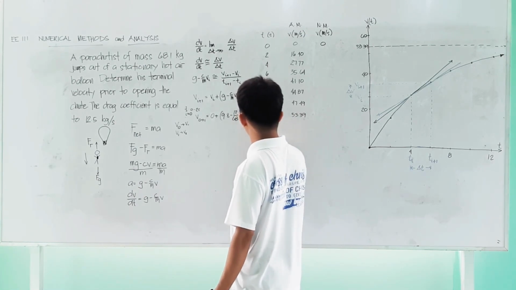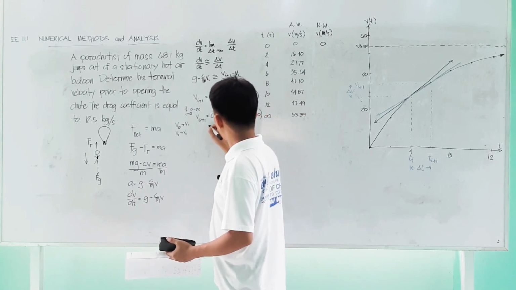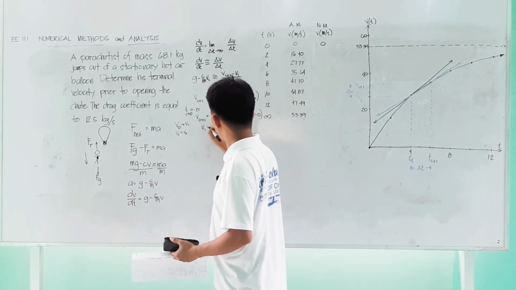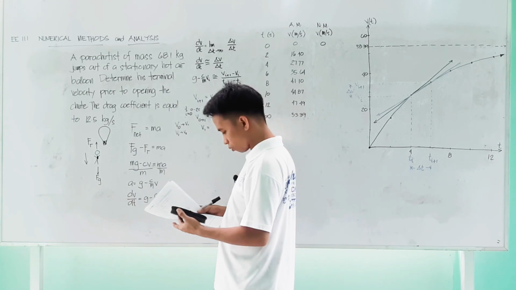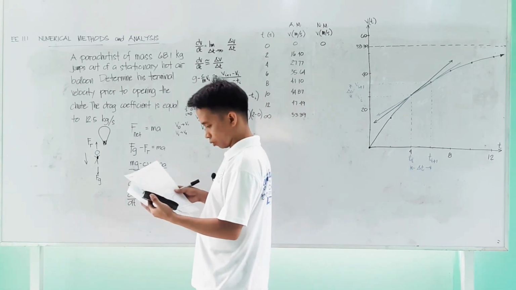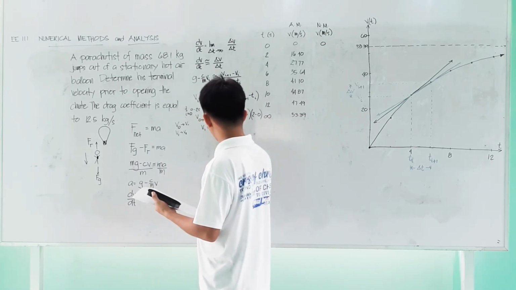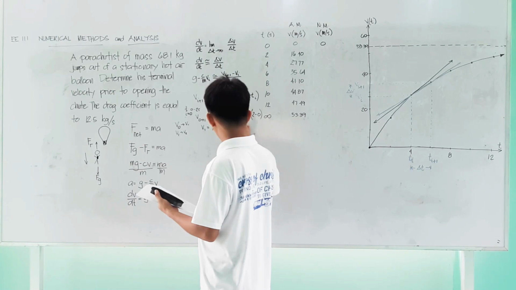Then this is at 2 minus 0. We'll have v, this is 19.6 meters per second.